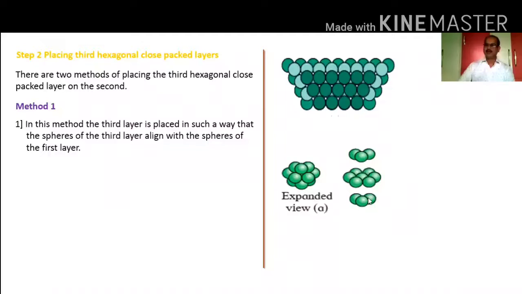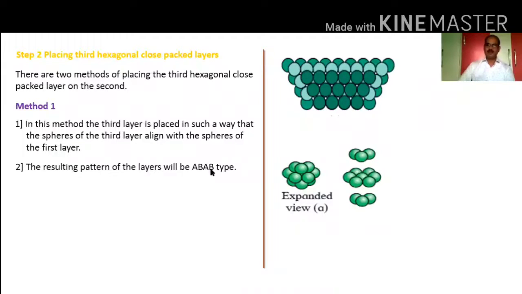They are identical. So if this is A layer, this is a different layer. So this will be B layer. This is an identical layer. So this will be a C layer. Okay. So the spheres of the first layer and the spheres of the third layer have aligned with each other. As a result, the resulting pattern will be A, B, A, again B.